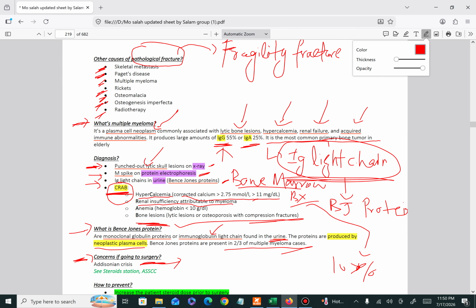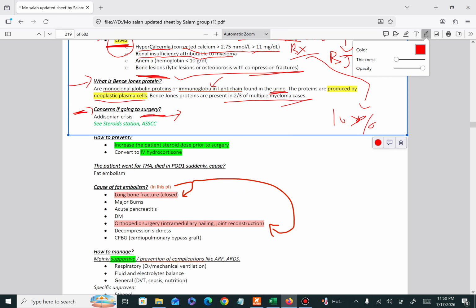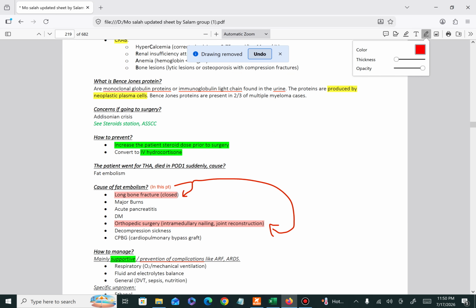For a person on steroids going for surgery, if we stop the steroid, there is a risk of Addisonian crisis, in which there is decreased cortisol level.